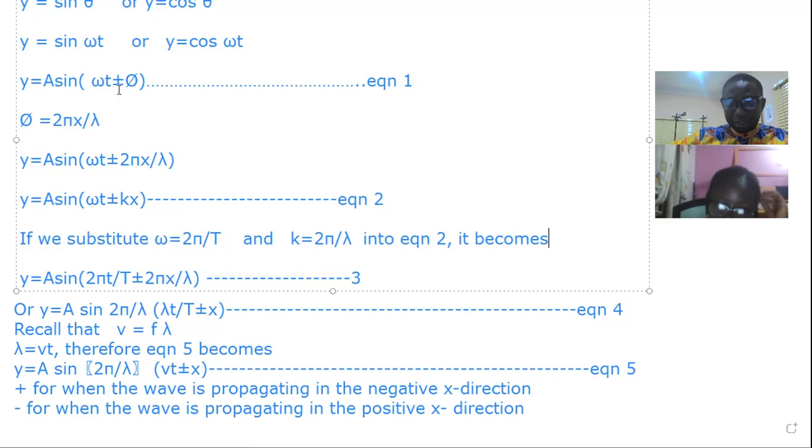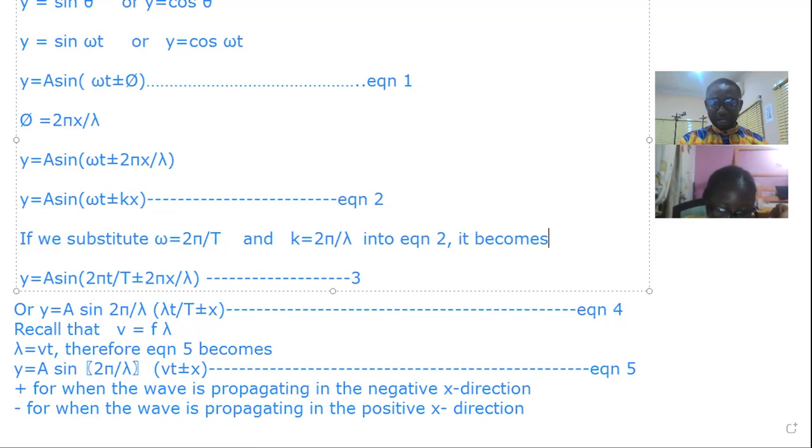So if you have written all these things down, let's go straight to the application of all these formulas. How do we use them? You're going to be looking at different ways to use them. Remember, the positive sign is when the wave is propagating in the negative x direction, and the negative is for when it is propagating in the positive x direction.